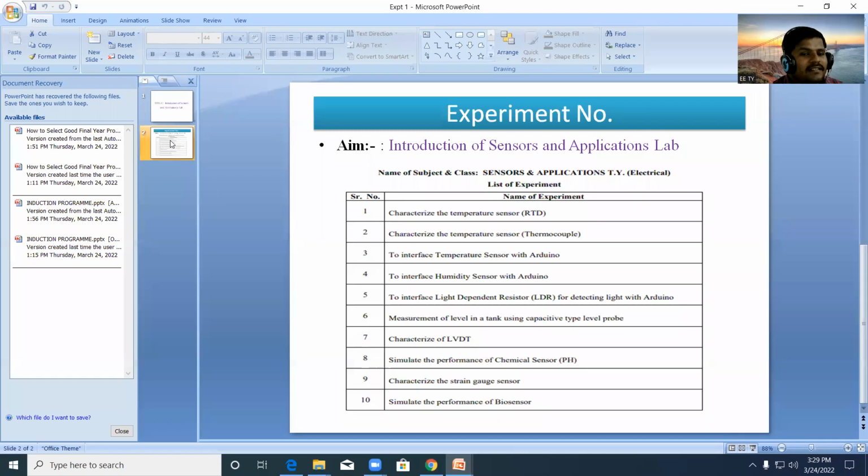The second one is another temperature sensor, the thermocouple. As we discussed while explaining active and passive types of sensors, I gave the example of an active type of sensor, that is the thermistor or resistive temperature detector. To enable that resistor, what do we require?